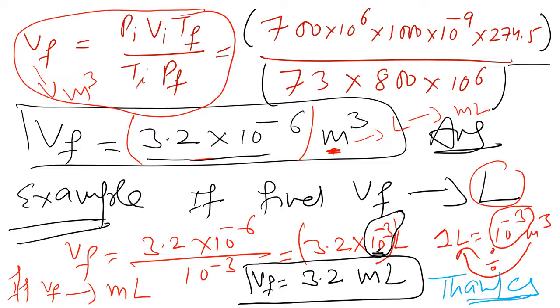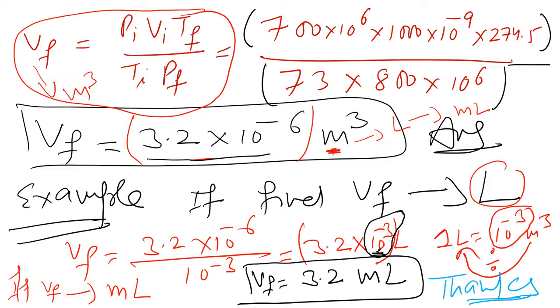The value of Tf is 274.5, and this will be divided by Ti, which is 73, multiplied by 800, the final pressure value, 800 times 10 to the power 6. Whenever you are calculating these numbers, take the bracket here, don't forget to use the bracket in the calculator.